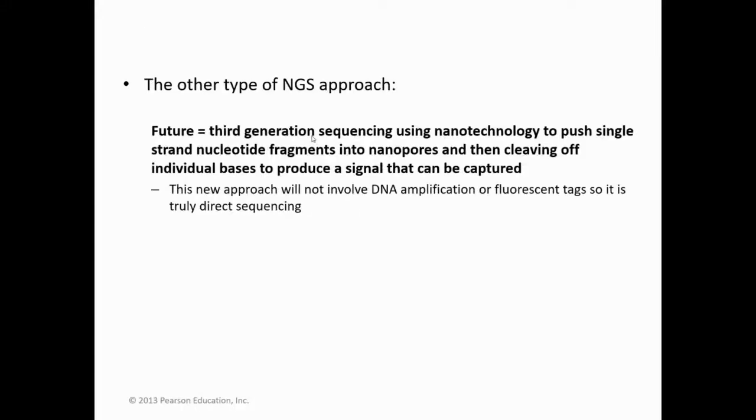And then of course now they have developed third generation sequencing using nanotechnology. For this technology, they just force the DNA sequence to go through the channel, and then they can read it directly, so you don't need to perform the amplification, synthesis, or fluorescence detection.